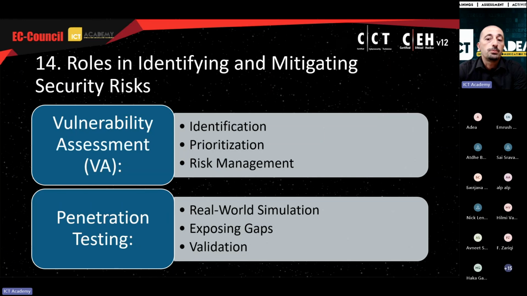Those are the factors that determine vulnerability severity and impact. This prioritization helps organizations focus on addressing the most critical issues first. Risk management, a very important one within cybersecurity. Maybe in another webinar, we will elaborate and explain more on risk management within cybersecurity. By understanding their vulnerabilities, organizations can make informed decisions on risk mitigation strategies and allocate resources effectively for risk management.